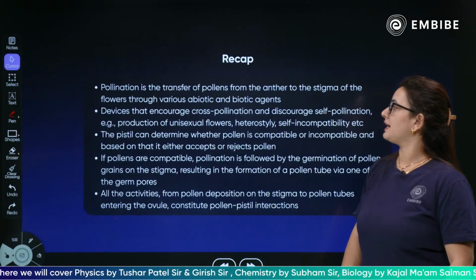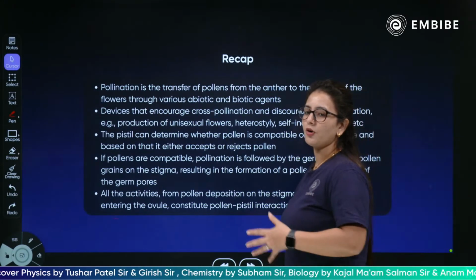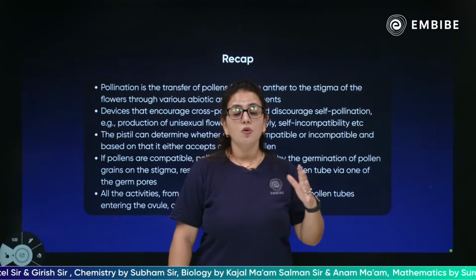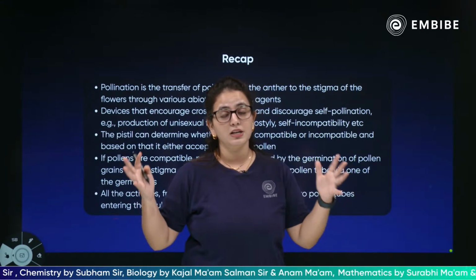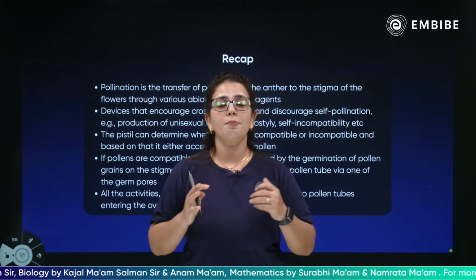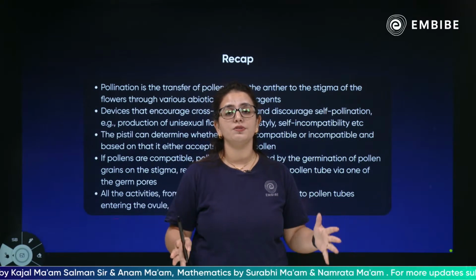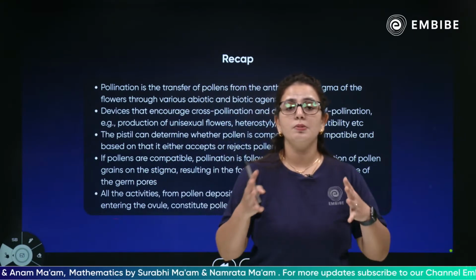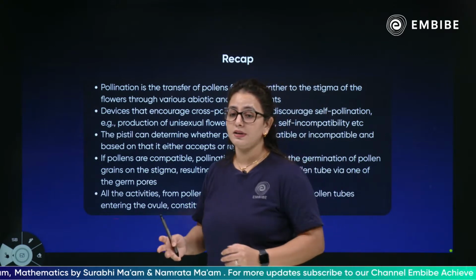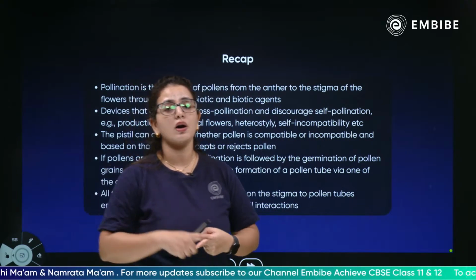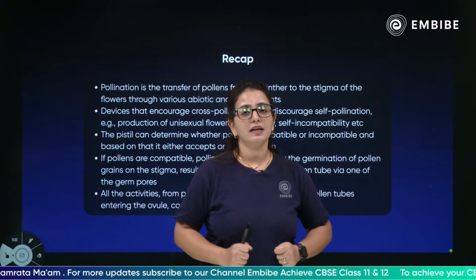Moving forward, children, let's have a quick recap of what we studied in the previous lecture. We discussed pollination and the agents of pollination. Pollination is the transfer of pollen grains from the anther to the stigma via agents. It could be biotic agents or abiotic agents. What are the abiotic agents? Wind, air and water are abiotic agents.